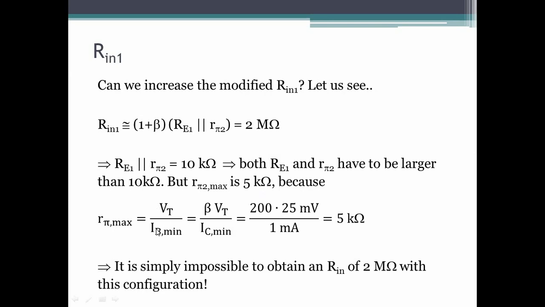R pi max is Vt by Ib, which is beta Vt by Ic. Ic is 1 milliamp, and therefore this is 5 kilo ohms. For R pi to be greater than 5, Ic has to be less than 1 milli, which we are not allowed to do. What this means is that it is impossible to obtain an Rin of 2 mega ohms with this configuration.